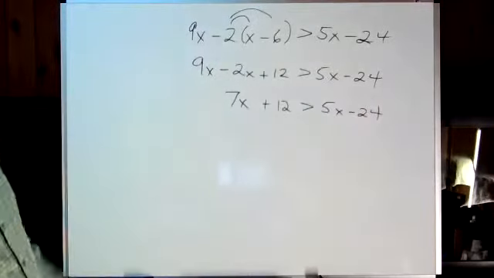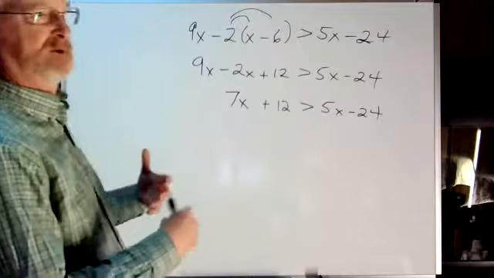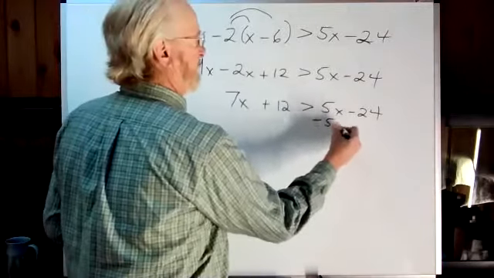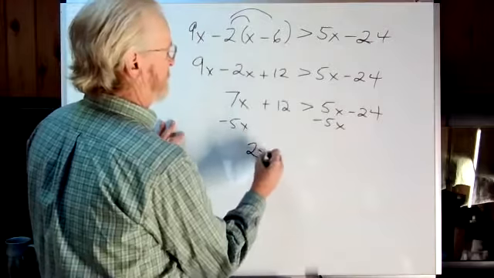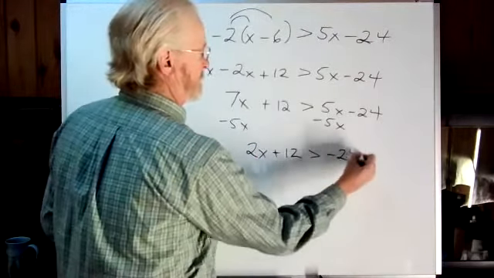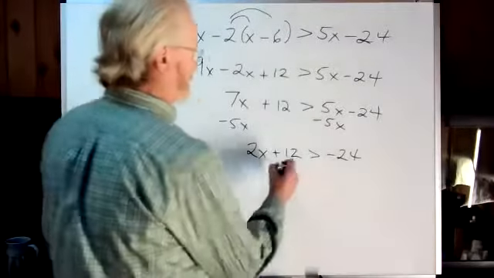All right. Variables and constants on both sides. So I think I'll choose to move the x's to this side. Subtract 5x's. And I'll have to subtract that 12.